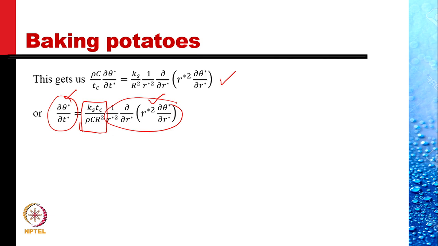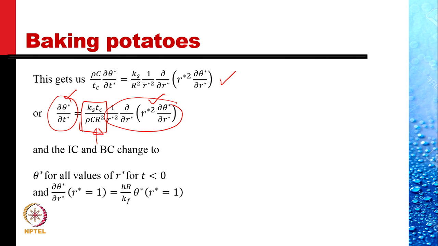So this measures the importance of the convective term. The initial and the boundary conditions change to theta star for all values of R star is 0 at time t equal to 0, and the convective boundary condition becomes del theta star by del R star is equal to hR by Kf into theta star at R star equal to 1.